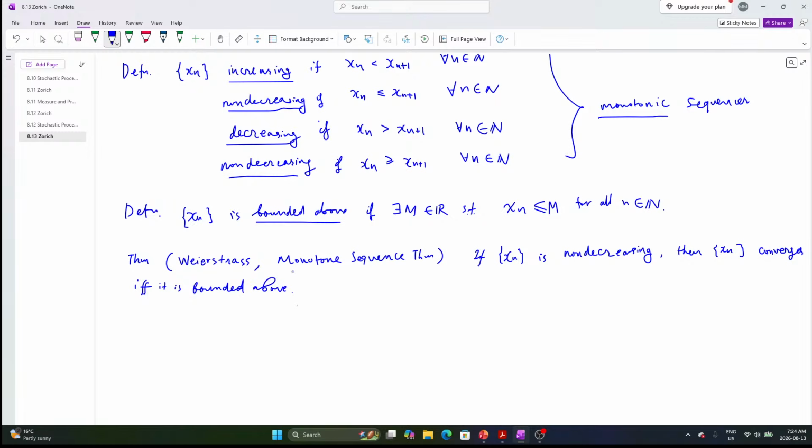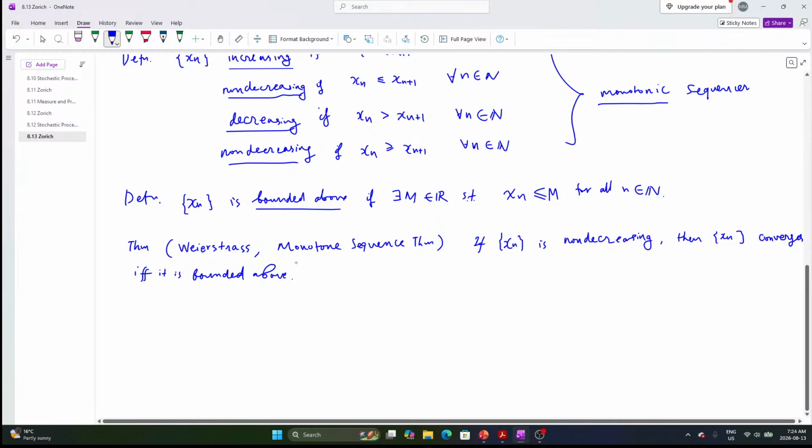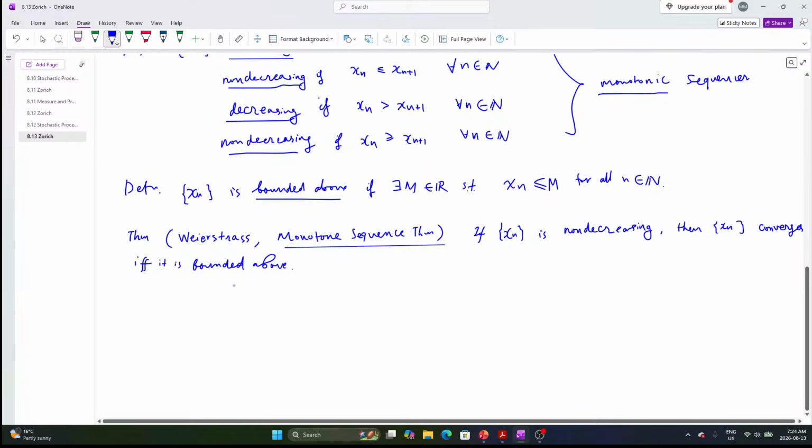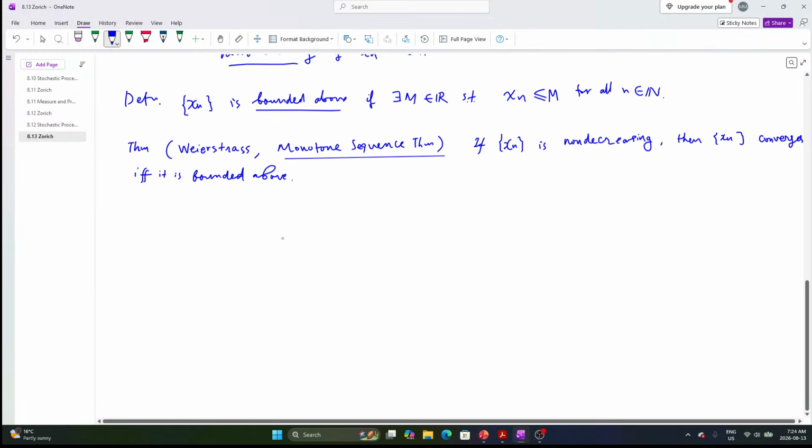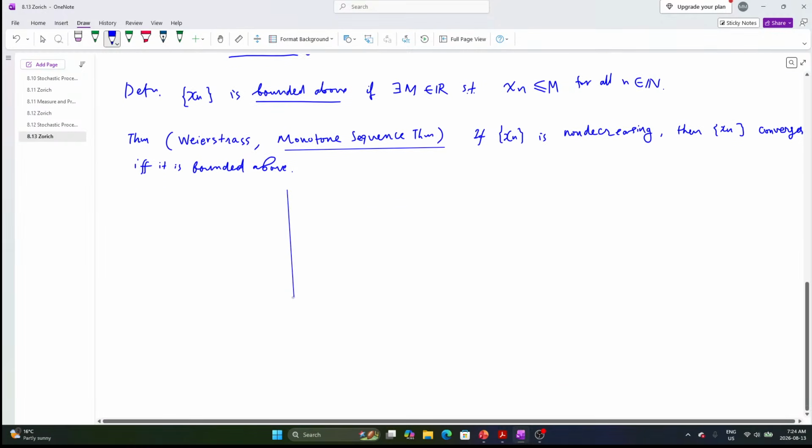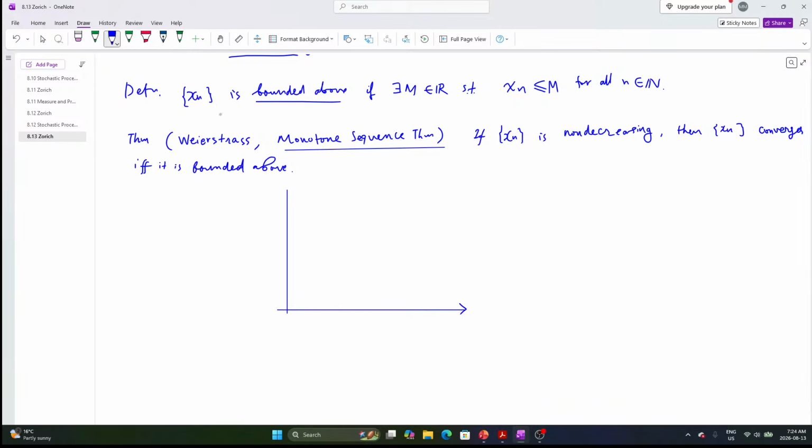Okay. So this is the monotone sequence theorem, apparently due to Weierstrass. And of course the picture for that is very intuitive. So imagine an increasing or non-decreasing sequence like this. If it never goes down, in order for it to converge, it needs to be bounded.